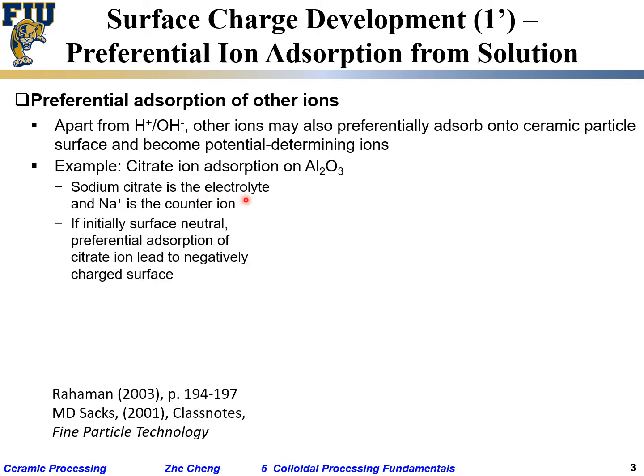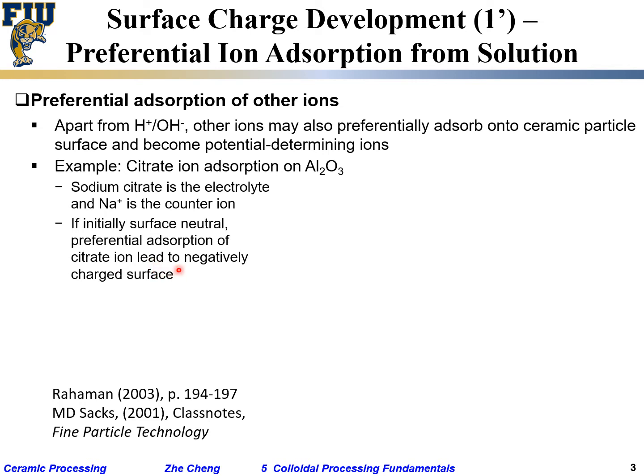Okay. And if our initial aluminum oxide surface is neutral, then preferential adsorption of the citrate ion, which, if sodium is positive, the citrate ion should be what? Sodium is positive, so the citrate should be negative. And if the surface is initially neutral, selective adsorption of citrate ion onto the surface would lead to negative citrate ion adsorbed onto aluminum oxide.